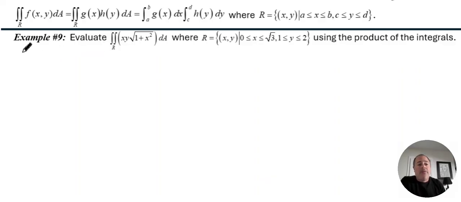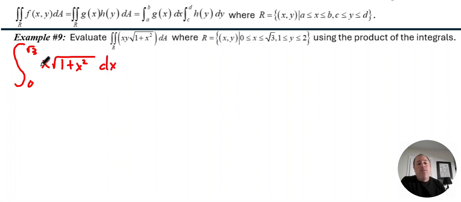So I'm going to go ahead and write down that from x, I get 0 to the square root of 3, and I can take x square root of 1 plus x squared dx.